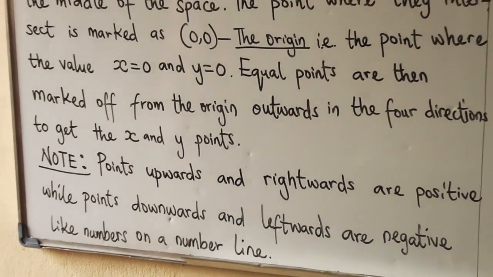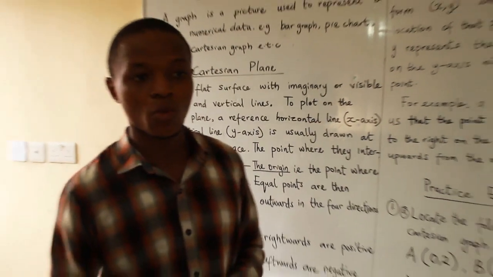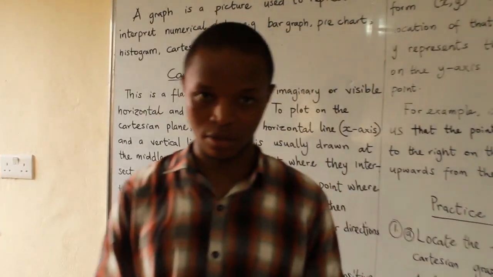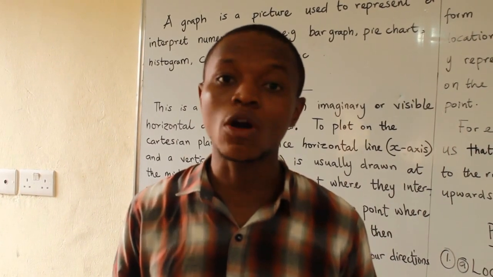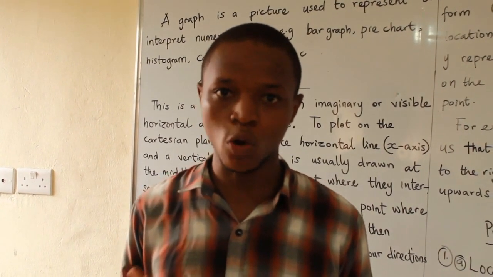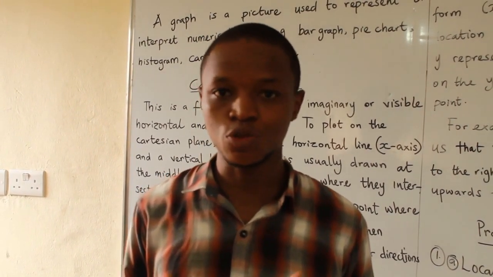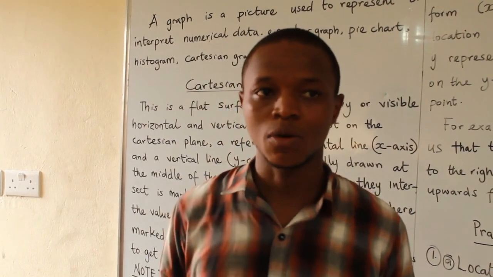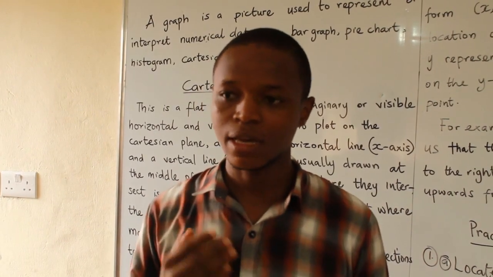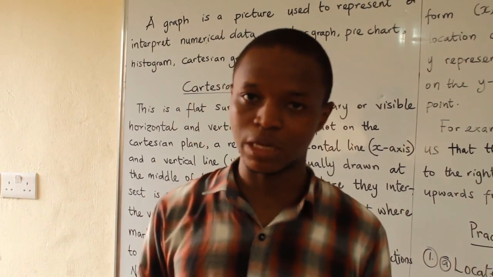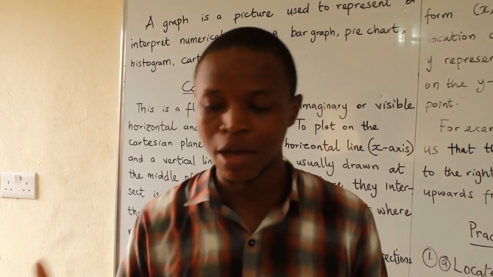Now, quickly, we're going to go into what Cartesian coordinates are. I want you to see coordinates like they are codes. You can use them to locate what you're supposed to locate within a space. Cartesian coordinates are used to locate points on the Cartesian plane.